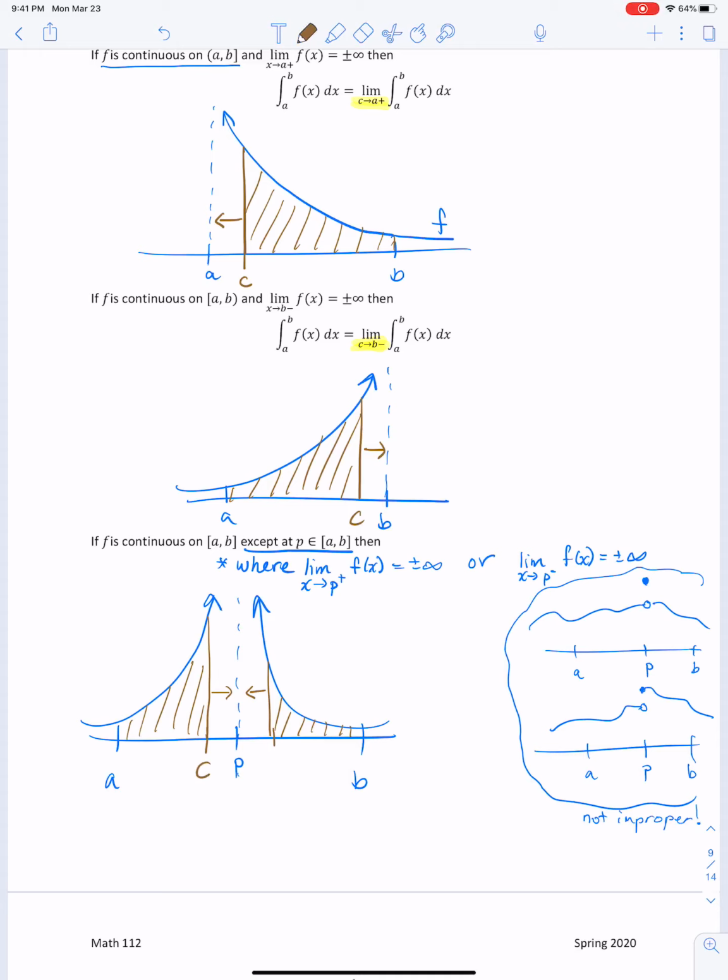I'm going to call this point C, and this other point C tilde. If we have this scenario, then the integral from A to B of f of x dx is equal to the integral from A to P of f of x dx plus the integral from P to B of f of x dx. Then you would compute two limits.